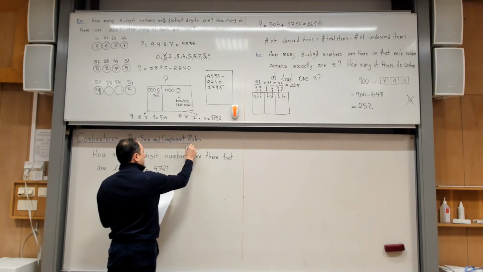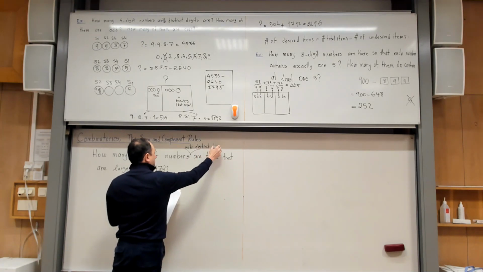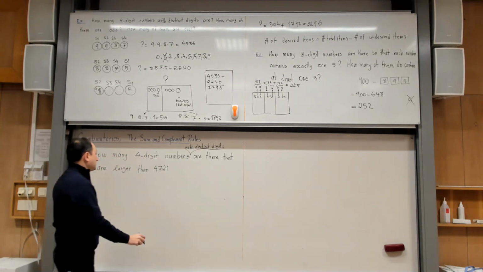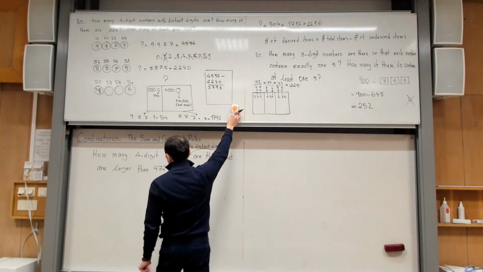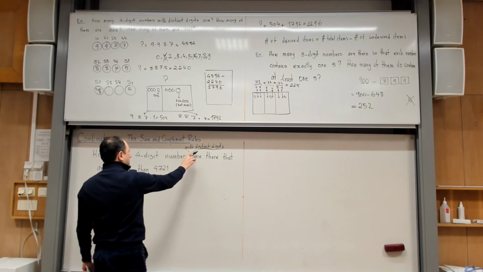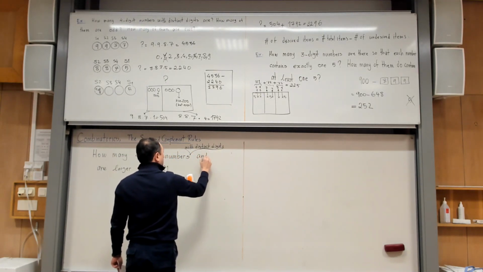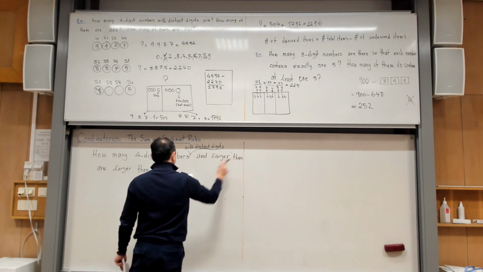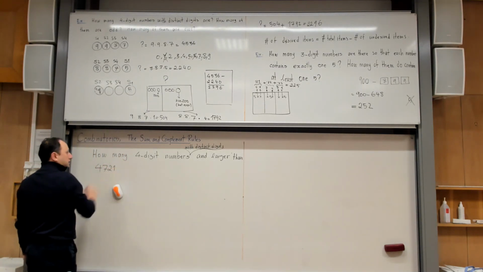Let me write it here. Let me show you. It's a very bad phrase. How many 4-digit numbers with distinct digits and larger than 4,721 are there?